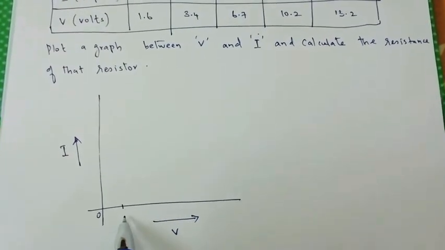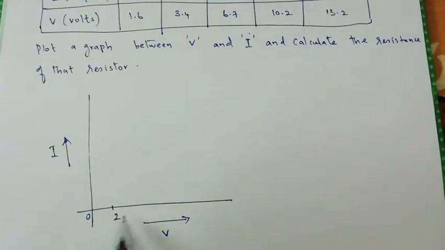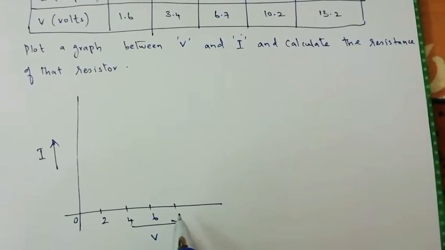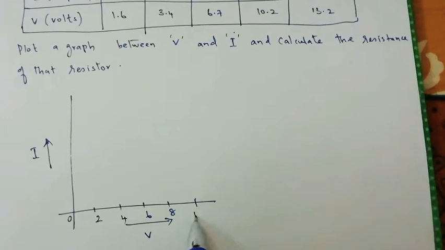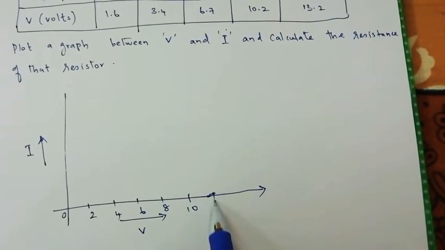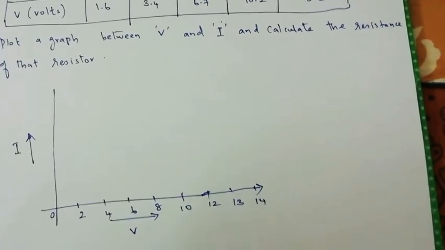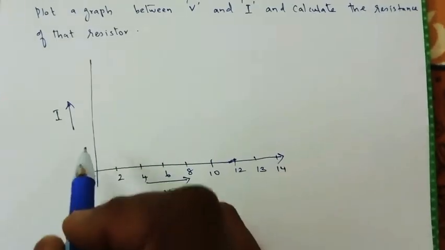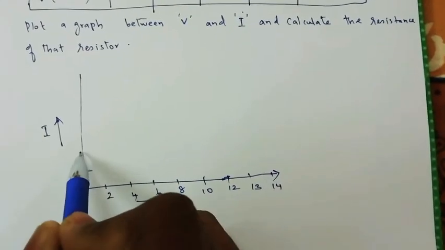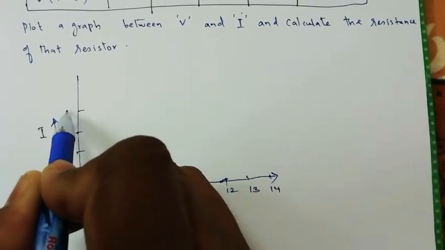I'm going to take volt, so we'll start with 2, 4, 6, 8, 10, 12, 13 and 14. And for current I will write 1, 2, 3 and 4.